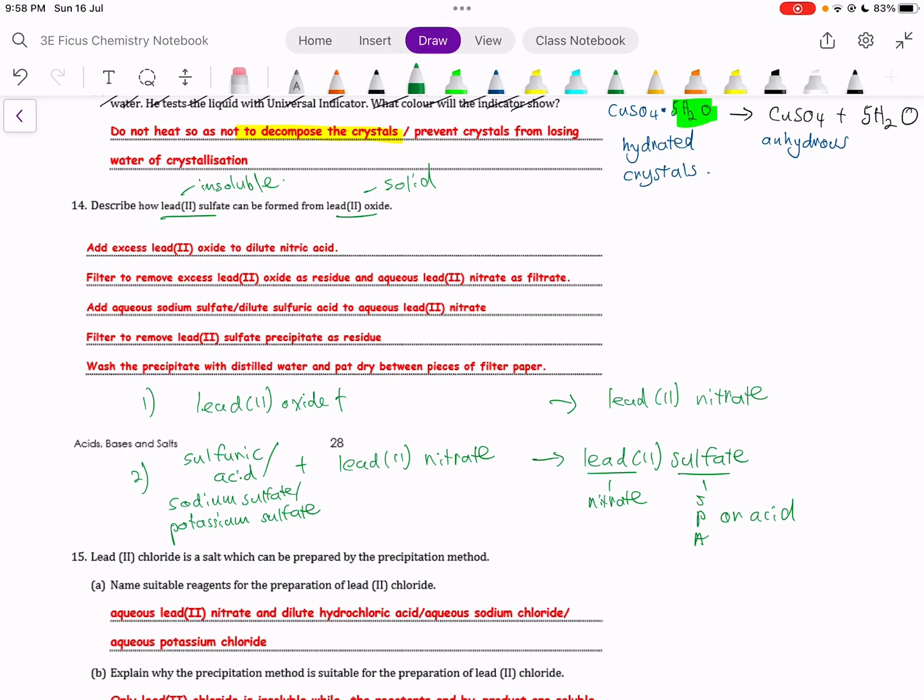So it's a hybrid of adding excess and precipitation method. So this is very unique. The first part I'm using adding excess, the second part I'm using precipitation.